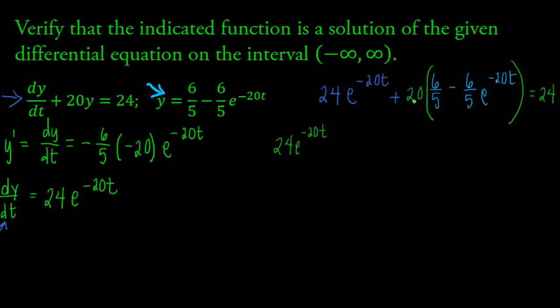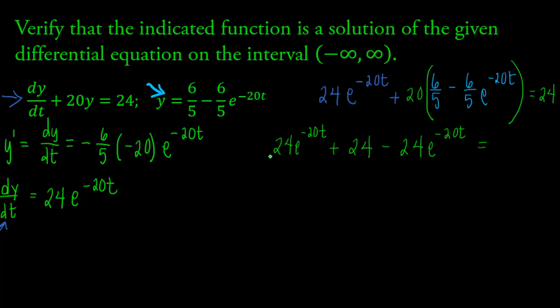And now I'm going to distribute 20 to each of the terms within the parentheses. For the first term, I have 20 times 6/5. Again, 5 divides into 20 four times, and 4 times 6 is 24. And we get the same thing here, which will give us negative 24 e^(-20t).